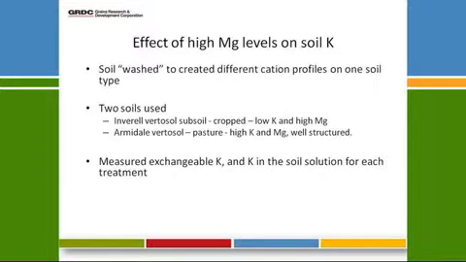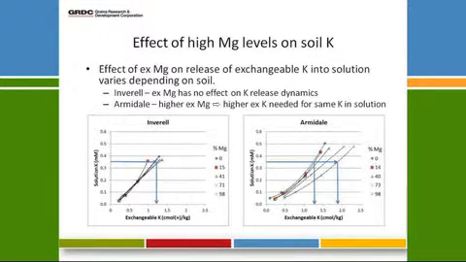So what sort of effects have we got? First up, in Birchall soil, so this is exchangeable potassium across the bottom and potassium in solution up the side. So for any solution concentration of potassium, we've got the same amount of potassium on the exchange complex.